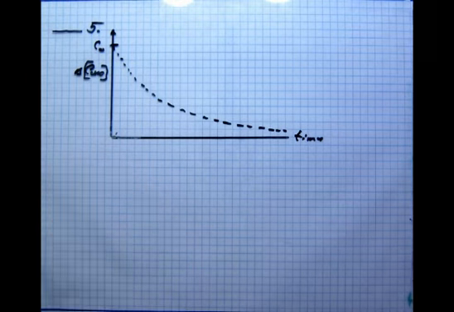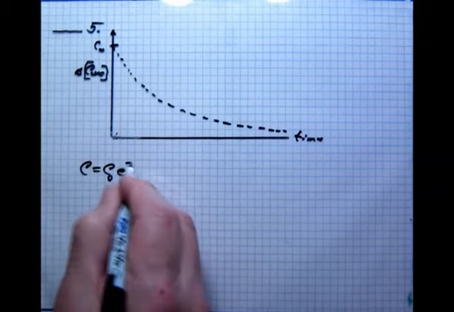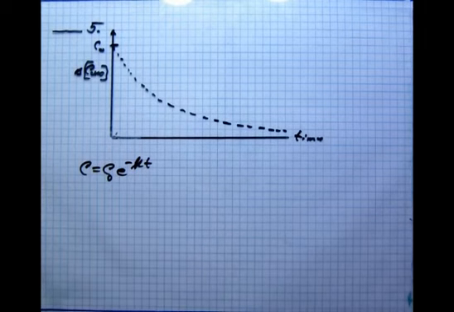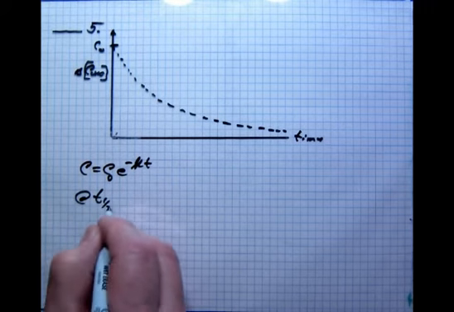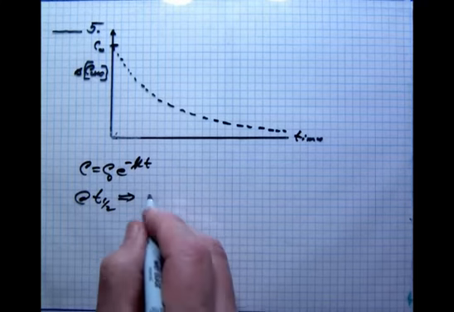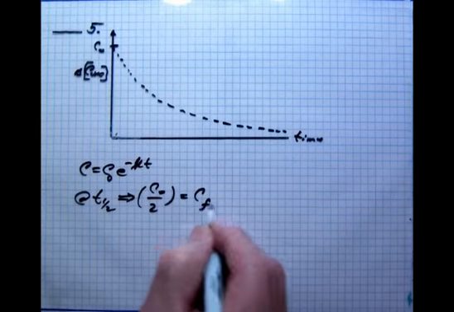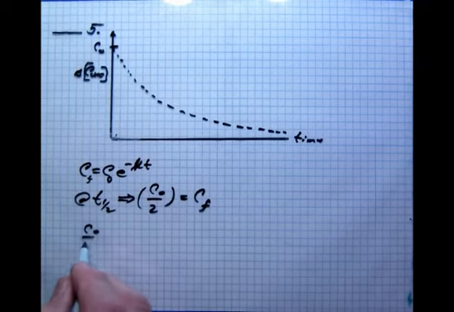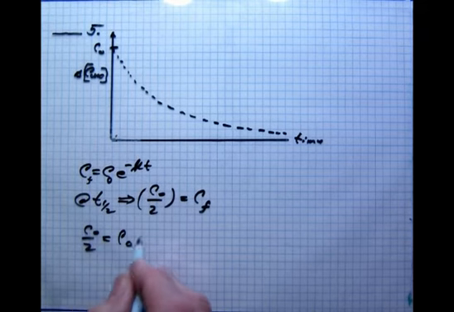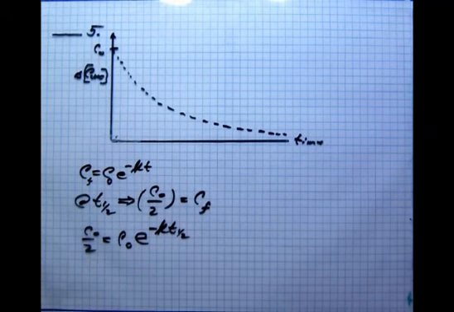Okay, so the half-life equation is basically derived out of this expression right here. Half-life assumes C sub O over 2 is your C final, and that's C final. So we can write C sub O over 2 equals C sub O e to the minus KT, and now that is a half-life.